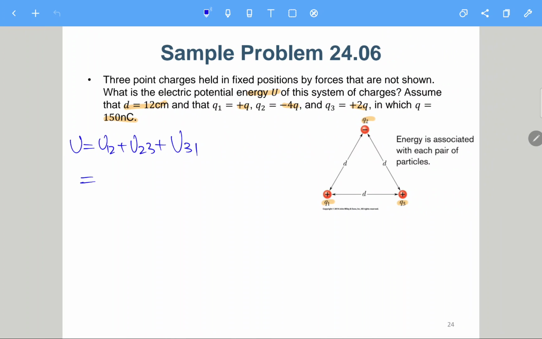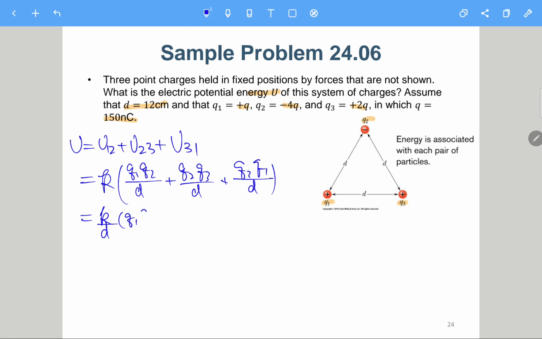So we have K, Q1 Q2 over d, plus Q2 Q3 over d, plus Q3 Q1 over d. So it is nothing but K over d times Q1 Q2 plus Q2 Q3 plus Q3 Q1.